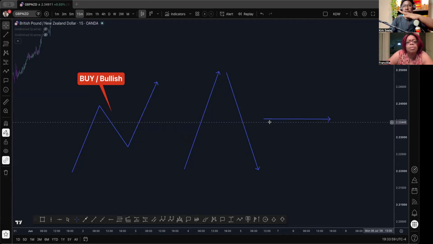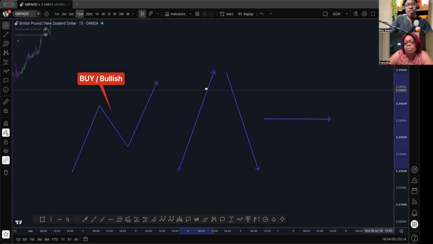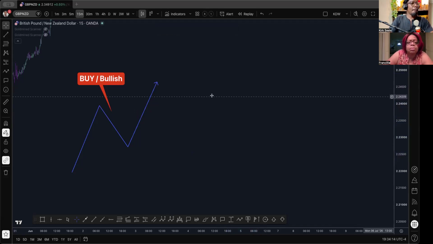It just seems to be moving this way as opposed to going upwards or downwards. Those are the three ways that the market moves: up, down, sideways. That is it. There's no other direction. And this is the simple version.